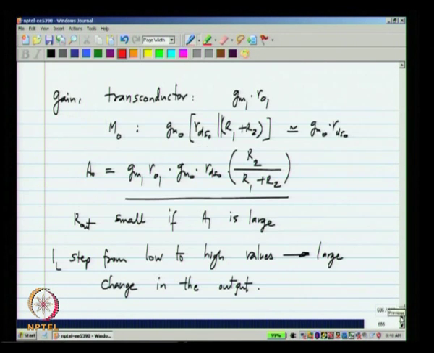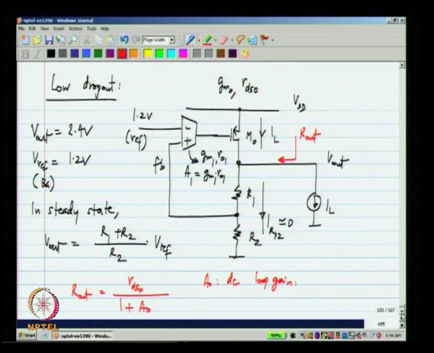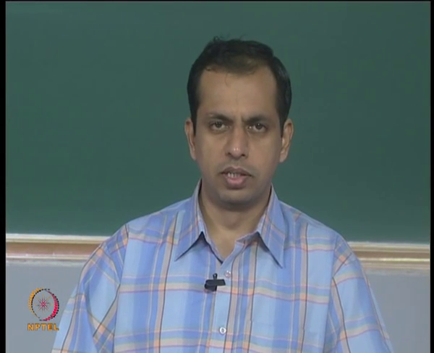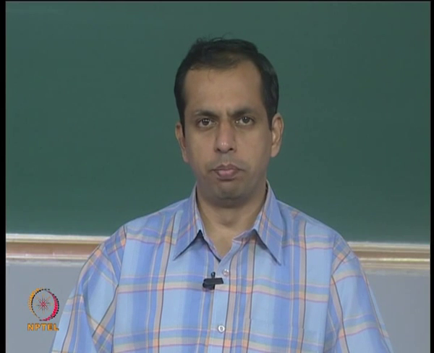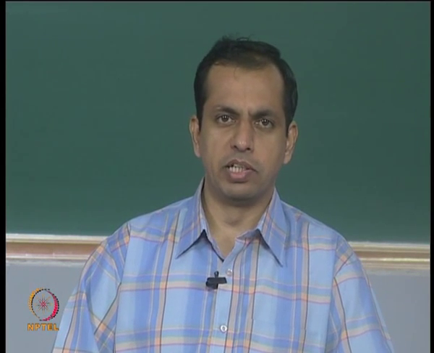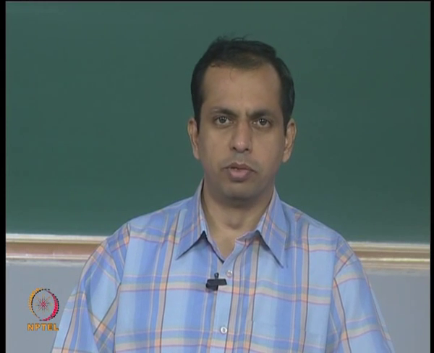So, what is normally done is to have a large capacitor here, so what happens is in steady state this output capacitor C naught will be charged to the output voltage, and if you have a current step, the charge will be drawn from the capacitor, and the output voltage does not change all that much, okay.